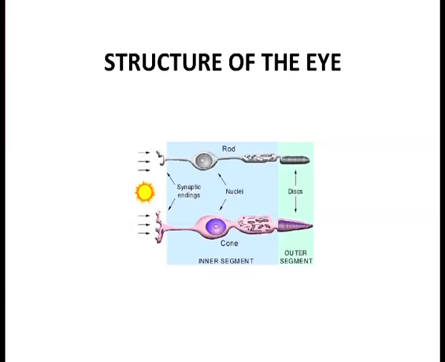Each retina contains approximately 120 million rods and 6 million cones located near the back of the retina. These specialized cells, that is the receptors, convert light energy into electrical potentials or electrical signals.